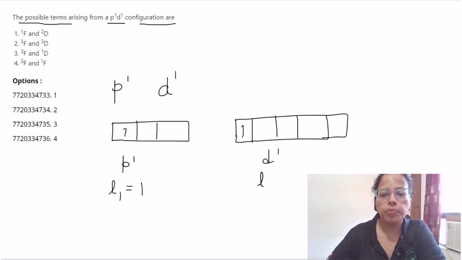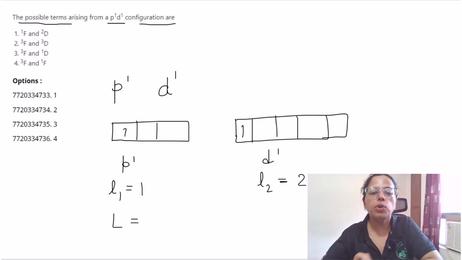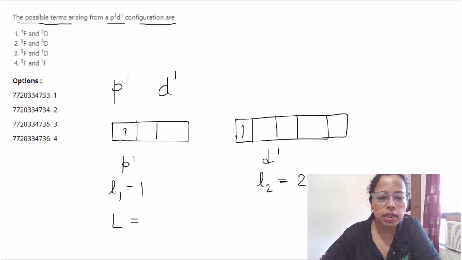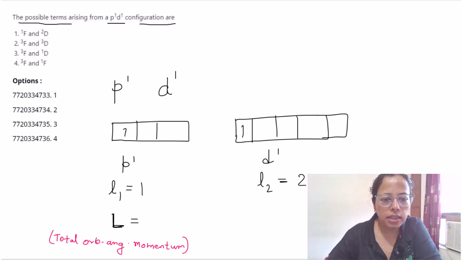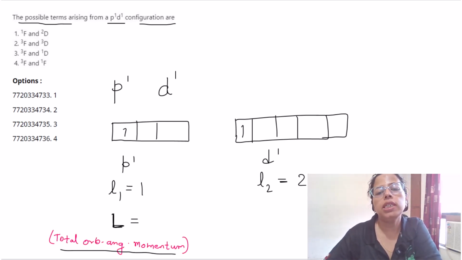And now let us suppose the azimuthal quantum number for D1 is L2. Then for a D orbital, what is the orbital angular momentum value? That is 2. Now the total orbital angular momentum is denoted by capital L. Capital L indicates the total orbital angular momentum, and it is the summation of the individual orbital angular momentums.